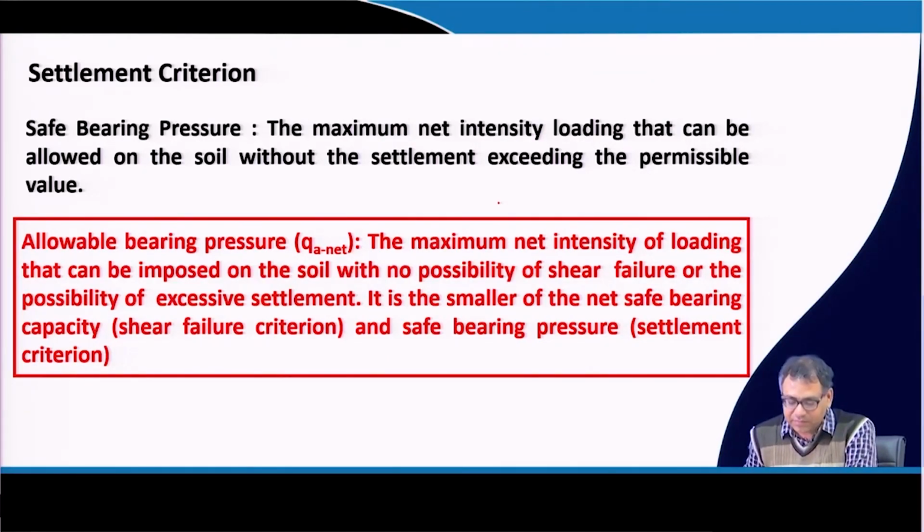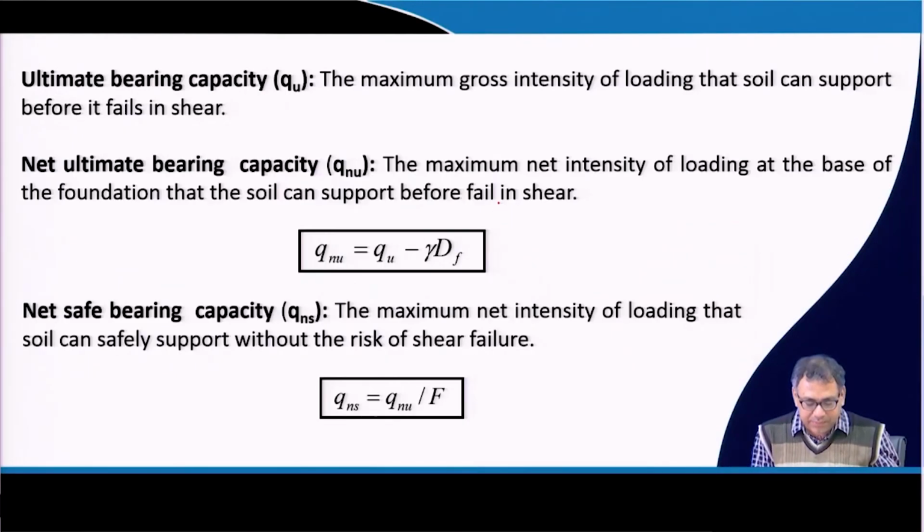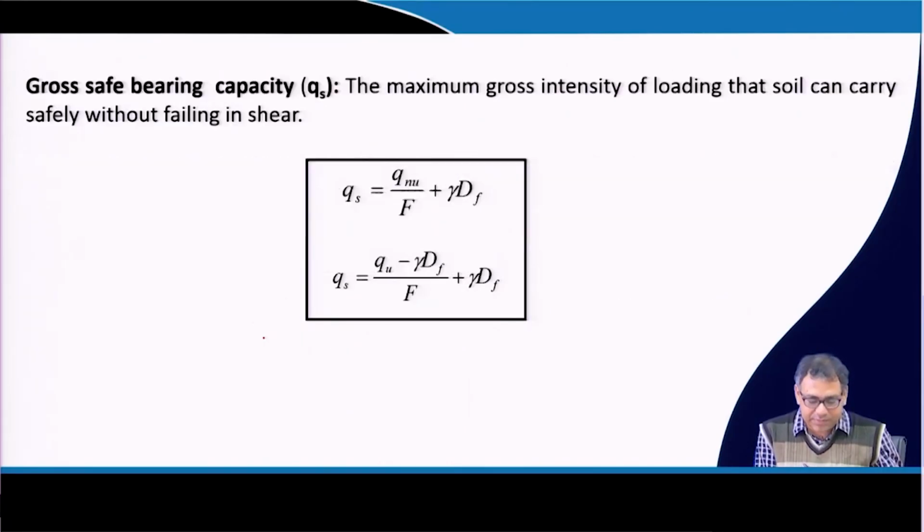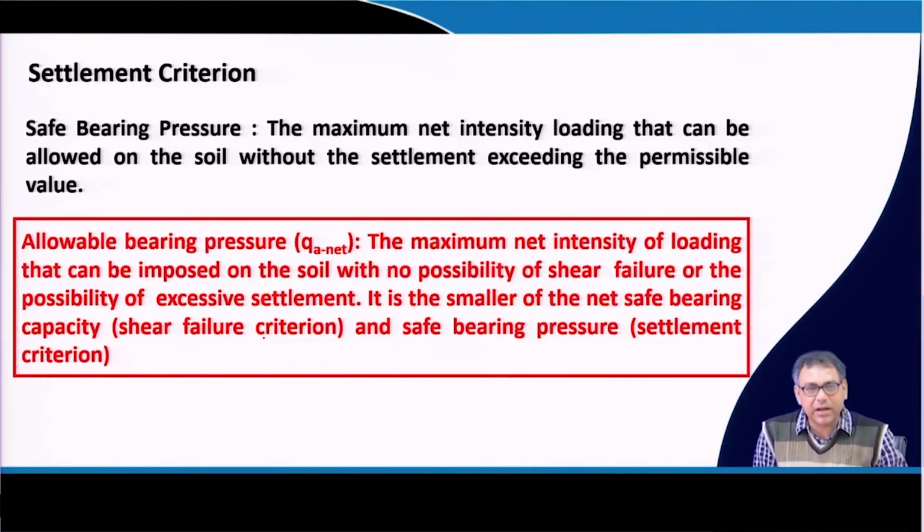It is the smaller of the net safe bearing capacity, that is, the net ultimate bearing capacity divided by the factor of safety, and the safe bearing pressure calculated in terms of the settlement condition. The smaller of these two will give you the allowable bearing pressure.